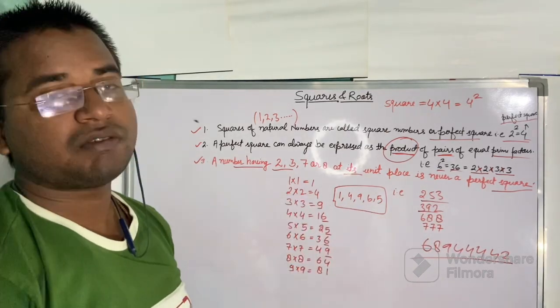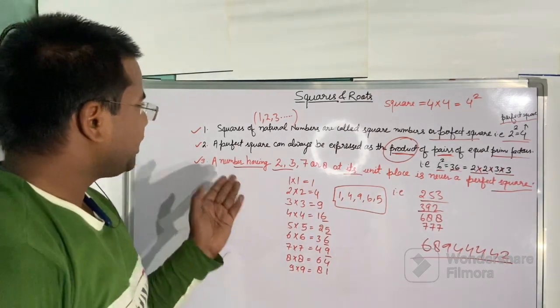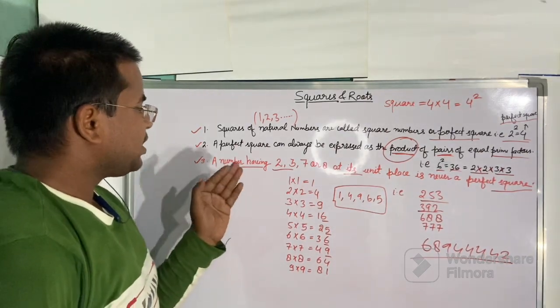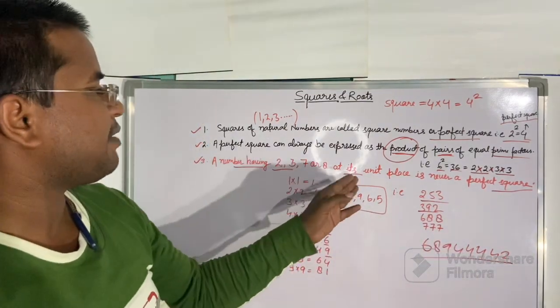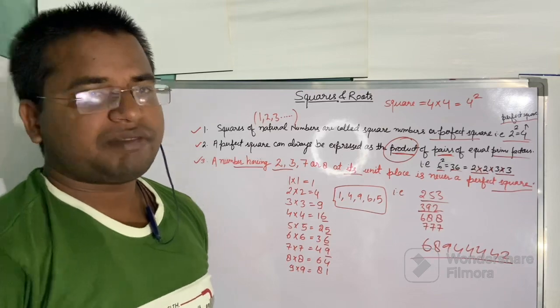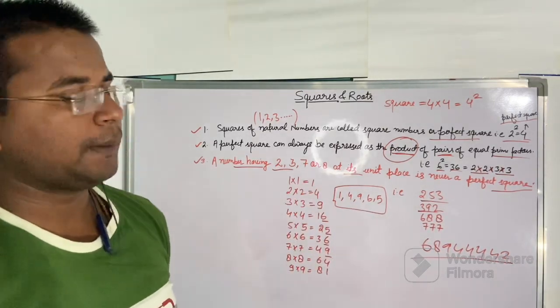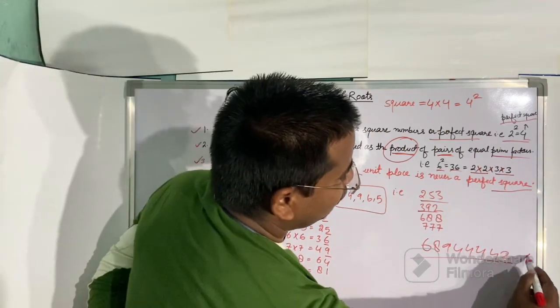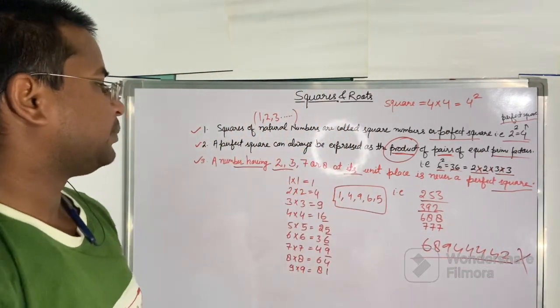But this number is very big, so it takes a lot of time. But if we know this rule, that any number that ends in 2, 3, 7, 8 is never a perfect square, then I can say just by seeing the problem that it is not a perfect square.